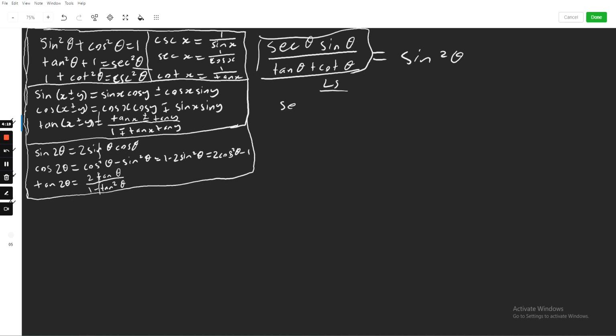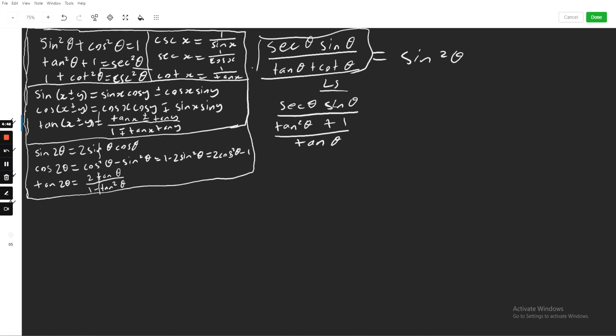So secant theta sine theta over, we can rewrite the cotangent theta as 1 over tangent theta. Let me make this into one fraction. Tangent theta plus 1 over tangent theta would be tangent squared theta plus 1 over tangent theta.